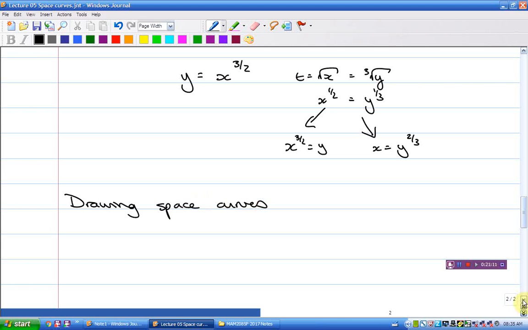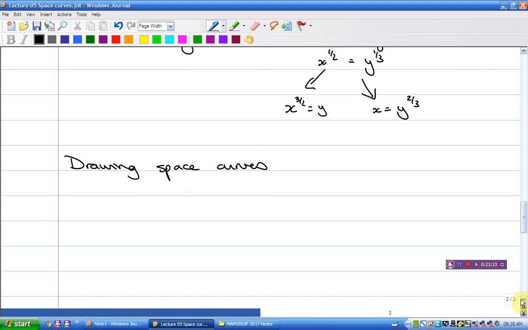If you're given the vector function that describes a space curve and you want to draw it, a little bit of a trick of how to draw it is to consider the projections of your curve onto the 3 coordinate planes.